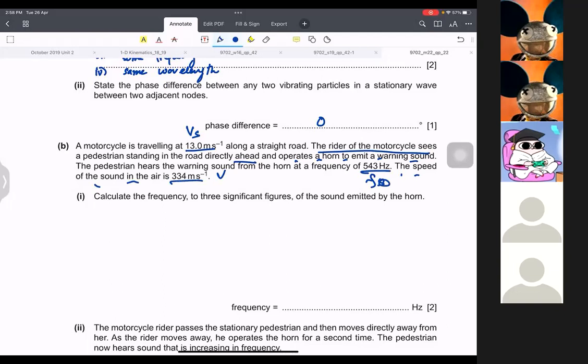Because it is moving towards the pedestrian, we're going to use F naught equals Fs times V over V minus S. This is 543, 334, 334 minus 30.